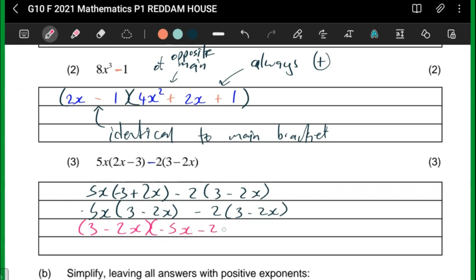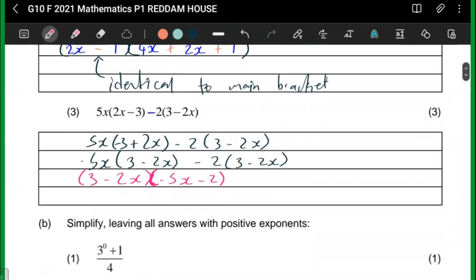Negative 5x and then minus 2. See, there we go. This is what you have once you factorize. Now, knowing these kinds of things, it helps you to know how to factorize for other kinds of expressions. Even if it's like paper 2 work, being able to factorize is a valuable tool. So this would earn you 3 marks in a paper like this.